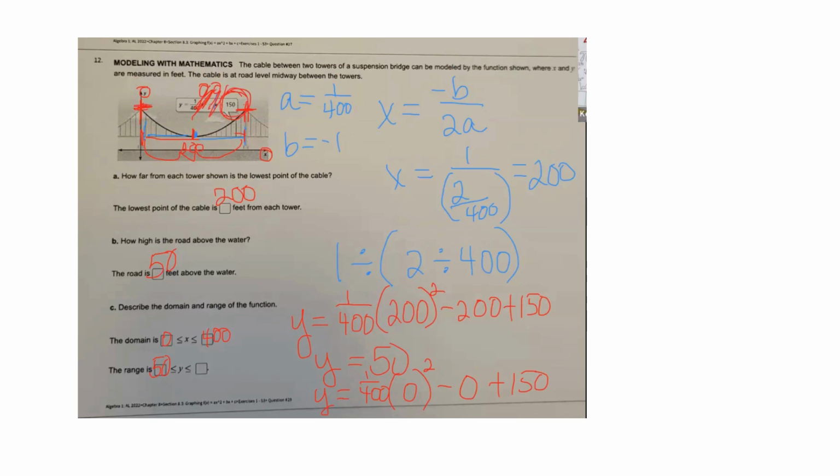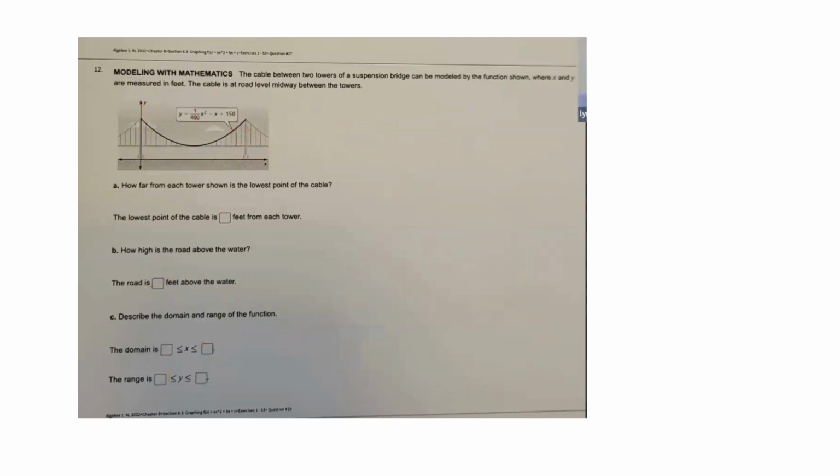So the lowest point was 50, and this highest point is given in the equation as 150. When you plug in 0, you find that out. So 50 is less than or equal to y is less than or equal to 150. So that's your range.